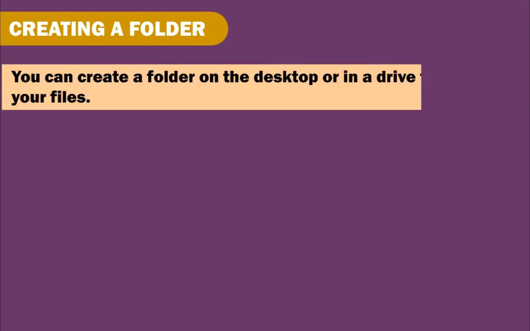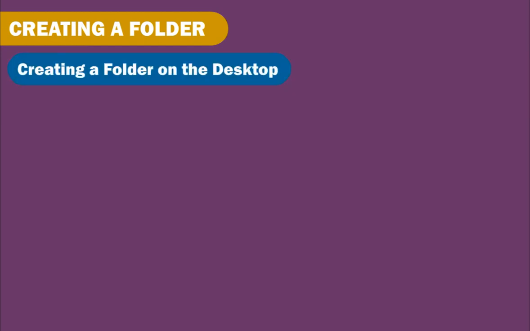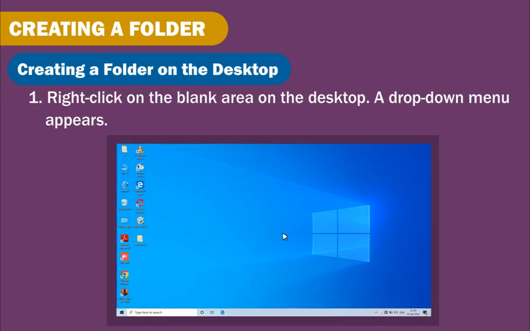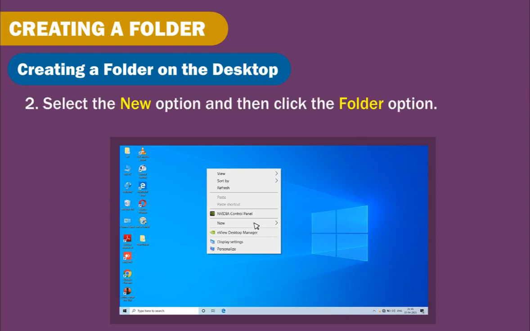Creating a folder. You can create a folder on the desktop or in a drive to organize your files. Creating a folder on the desktop. Steps to create a folder on the desktop. 1. Right-click on the blank area on the desktop. A drop-down menu appears. 2.